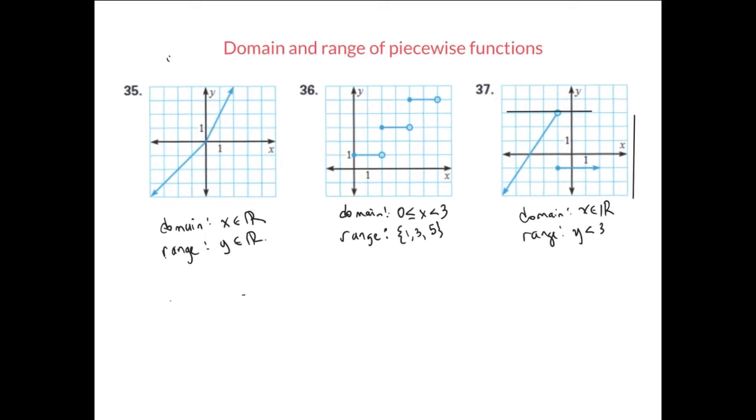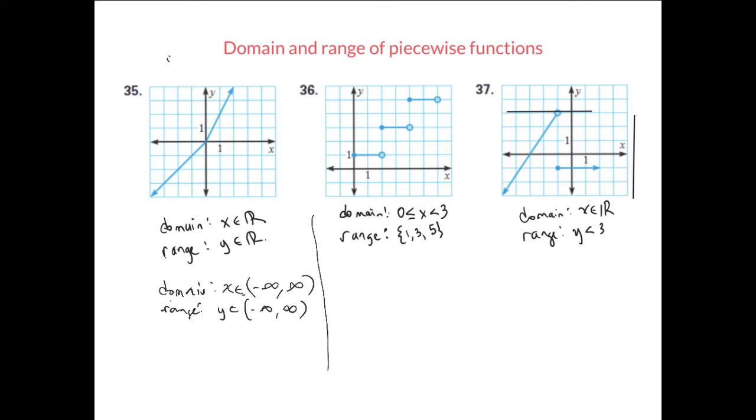So for this first one, if I were writing this in interval notation, the domain would fall between basically negative infinity and positive infinity. And you can never actually include either of those because you can't actually reach the infinities. So I would put parentheses around that. And the range would be the same, but with y's.